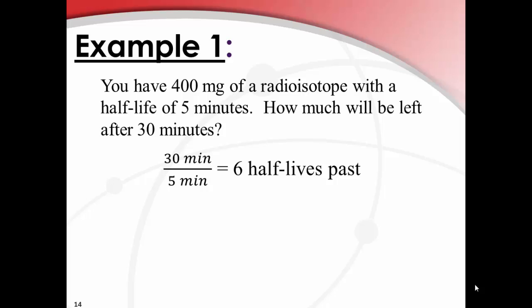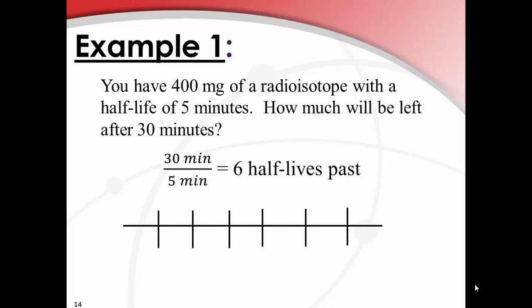Now I'm going to build a table that will cover my 6 half-life periods that have passed, starting at time 0 up to 6 half-lives have gone by. Now at time 0, my original sample is 400 milligrams. After 1 half-life goes by, 200 milligrams will remain. After 2 half-life periods go by, 100 milligrams will remain.